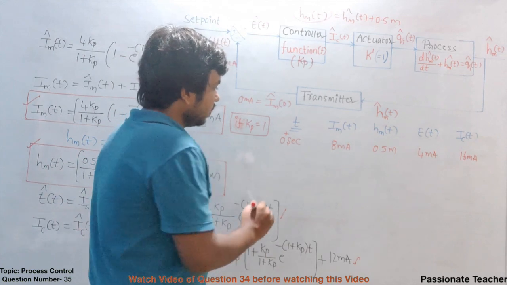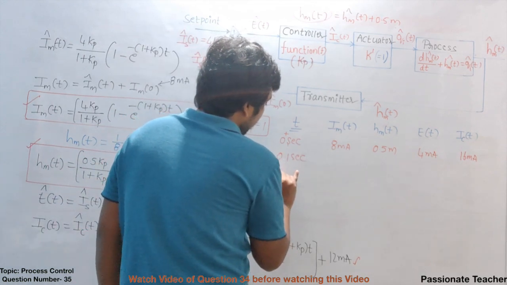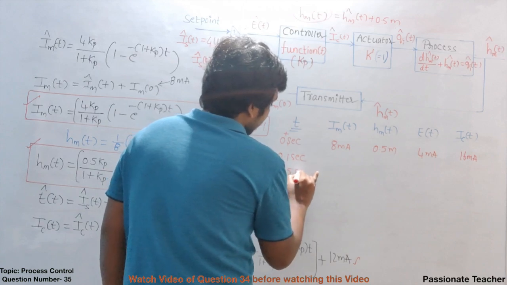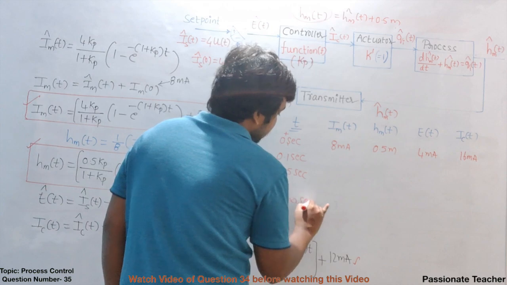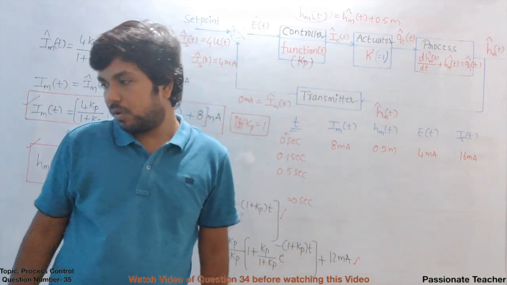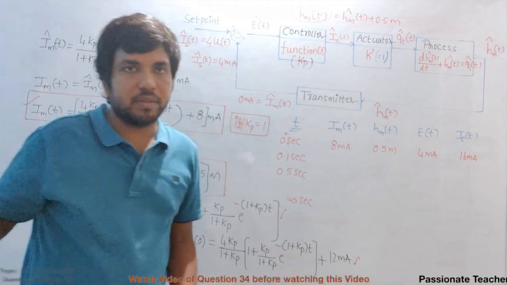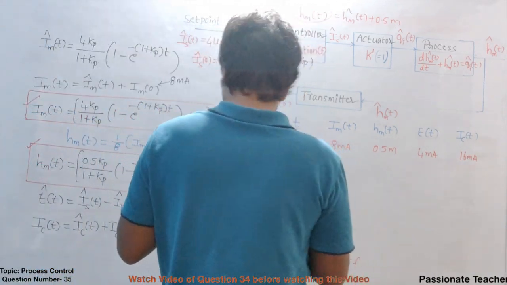Now the great thing is, if you just see for some other times, 0.1 second and 0.5 seconds, and if you continue like that up to infinite seconds, meaning steady state, let us see how things will change. Now I have already calculated these values. It is your turn. Just try to note down these values. It will be clear to you.